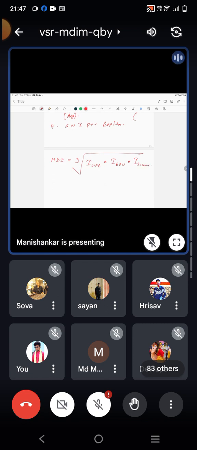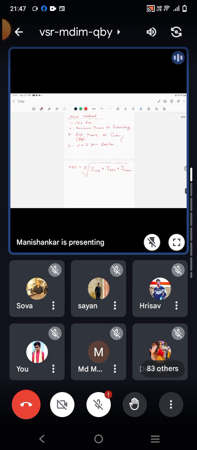So this time they consider the geometric mean. Similarly, measure the value, and then by using the same combination they classify the countries this time into 4 categories.